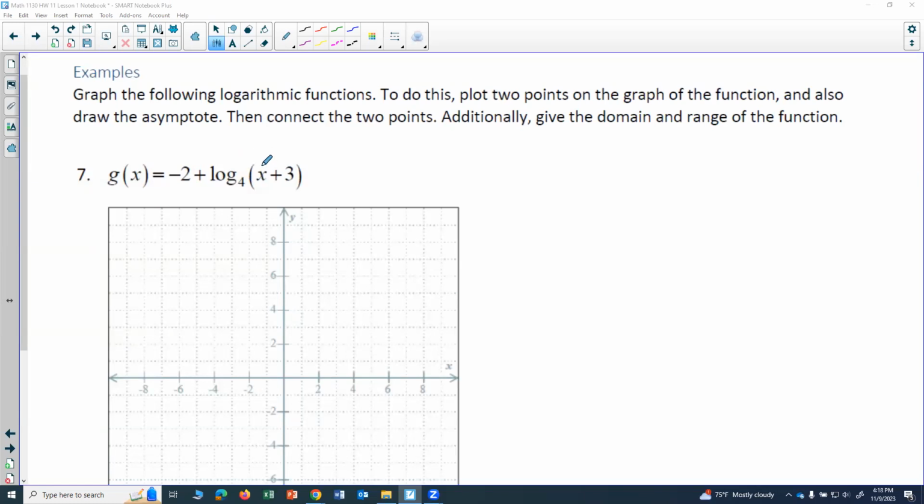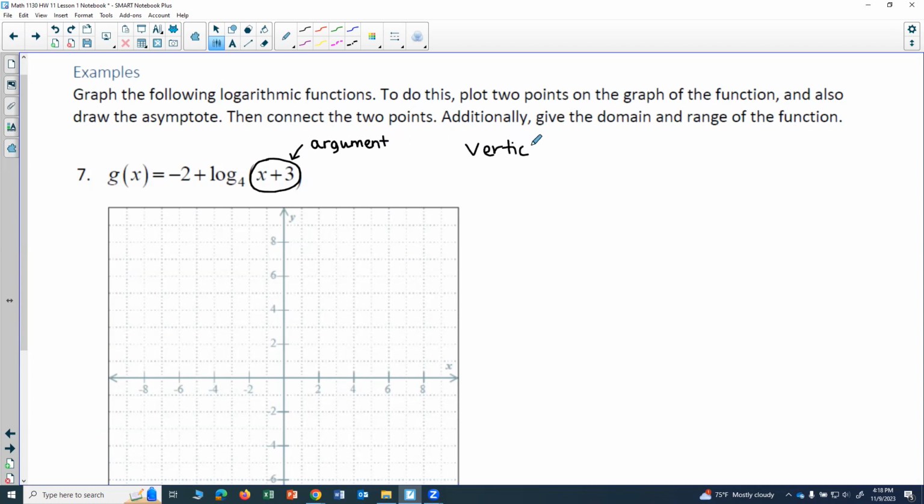Because we have a logarithm here, we're going to have a vertical asymptote. And we saw in the last video that the vertical asymptote occurs when the argument is equal to 0. The argument is what is plugged in to your logarithmic function.